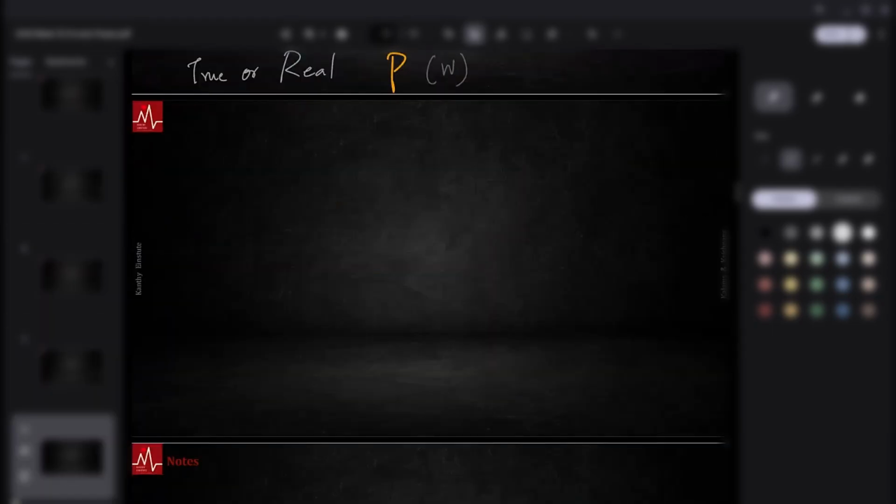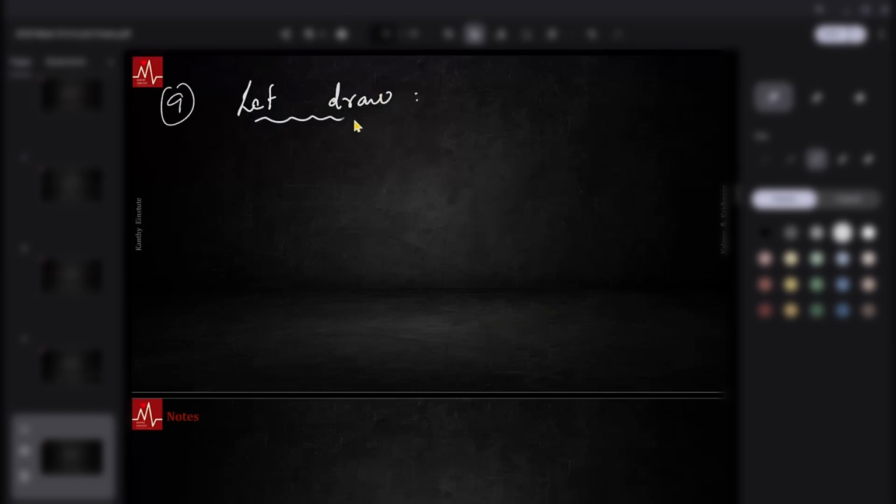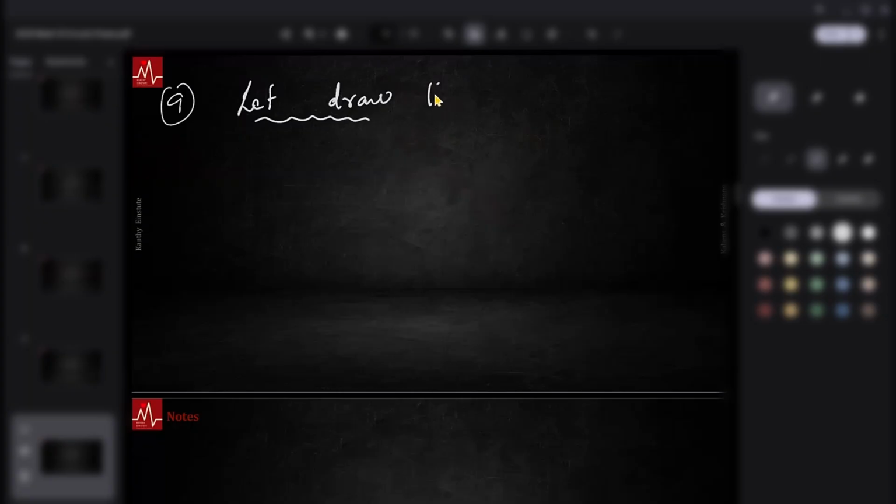Simple drawing exercise. Let's draw. Draw the angle. Power triangle.